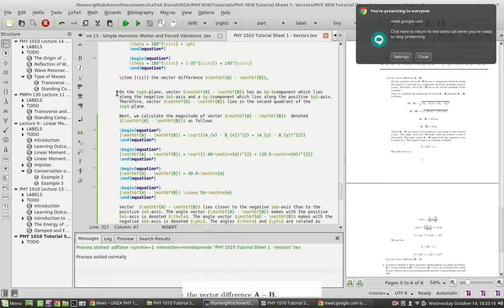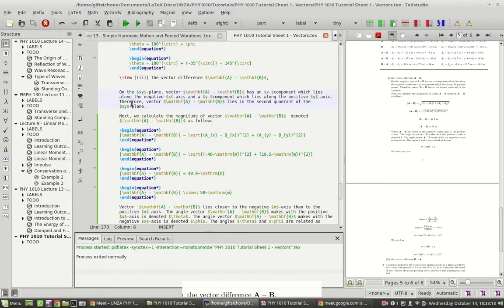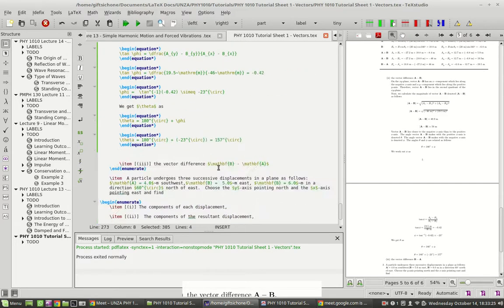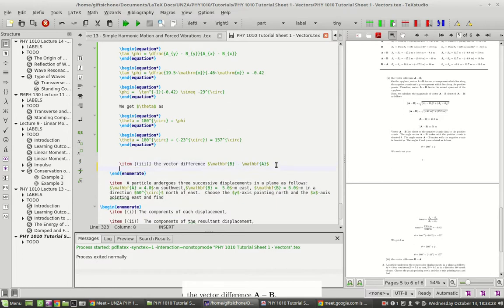Yes. Okay, so you should be able to carry out that bit of assessment. So I'm going to copy and paste that bit.